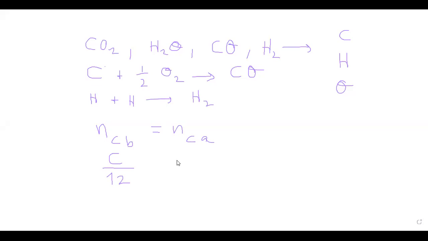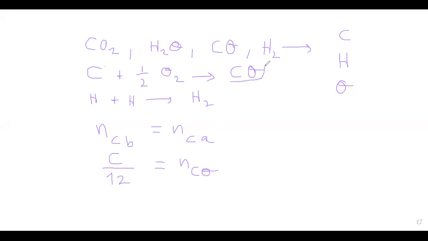So since the quantity of carbon was divided into two reactions, the number of carbon before will be equal to the number of kilomole of CO, because if we have 1 kilomole of carbon, it will lead to the formation of 1 kilomole of CO.